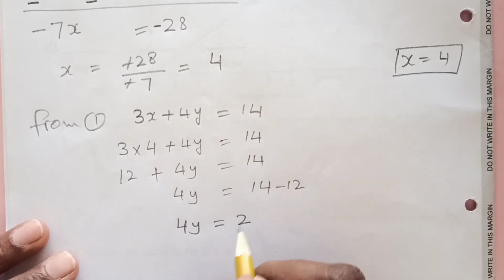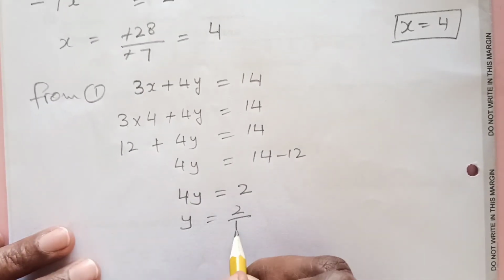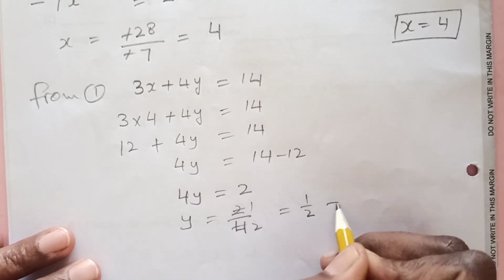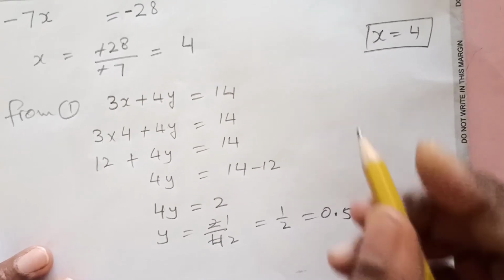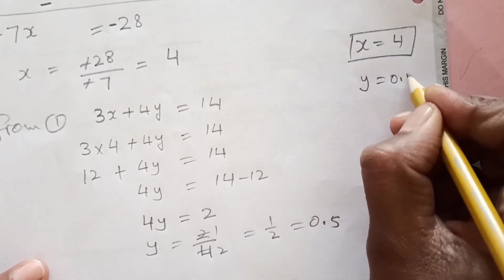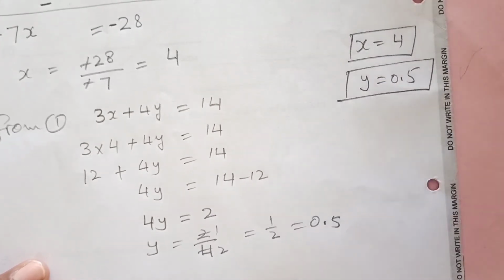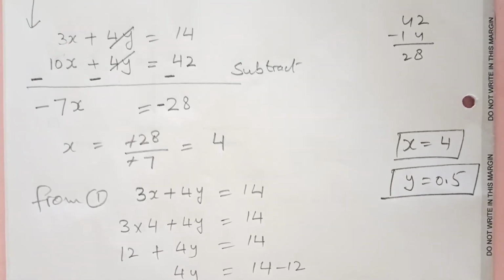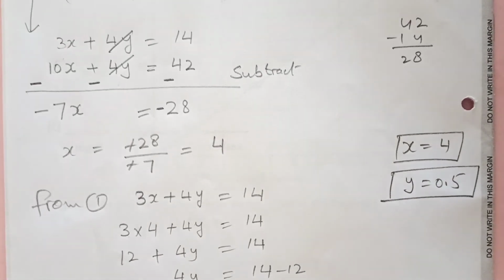So it is 2 and y is 2 over 4, so 1 over 2 or 0.5. So the value of y is 0.5. Right? So that's how you can complete these simultaneous equations to solve for x and y.